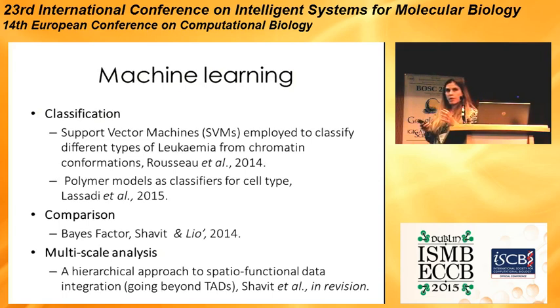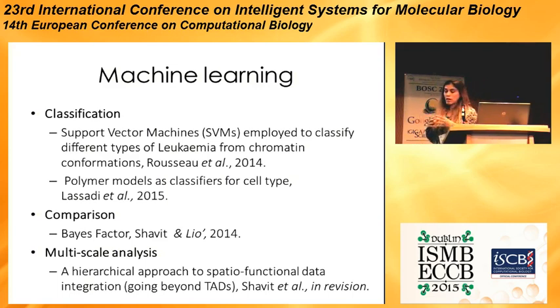And just to elaborate about machine learning and the different types of research that are now starting to emerge. In terms of classifications, there were two very interesting examples. One is using support vector machines. In this research, they took different leukemia types, and using the conformations of the HOXA cluster, they were able to really classify subtypes of leukemia based on 3C data.